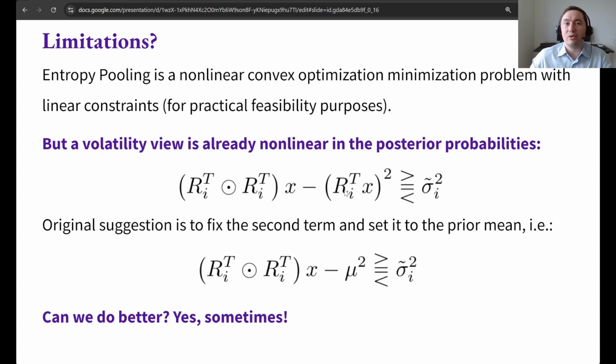So this is the theory that we will be going through here, but of course it's documented in great detail in the portfolio construction and risk management book, or even in the sequential entropy pooling article.